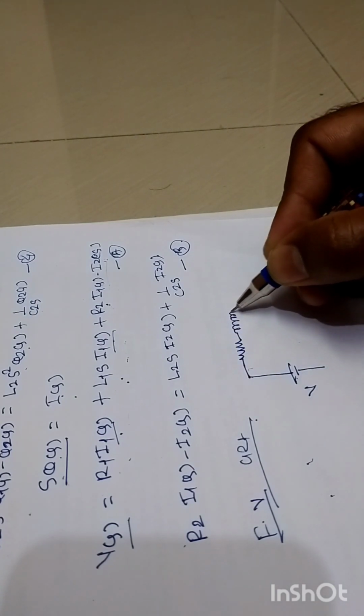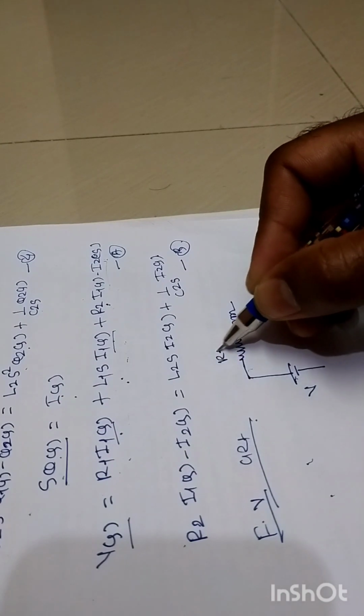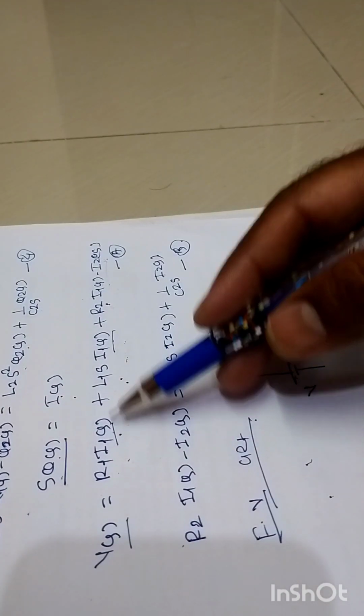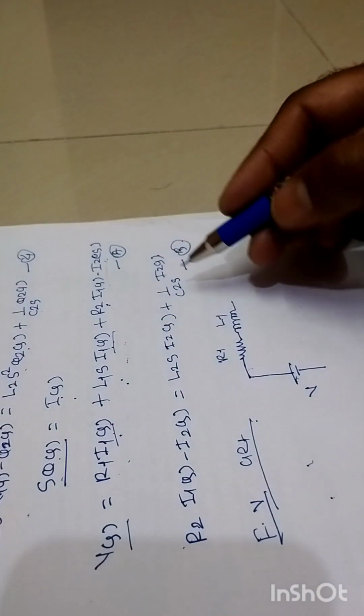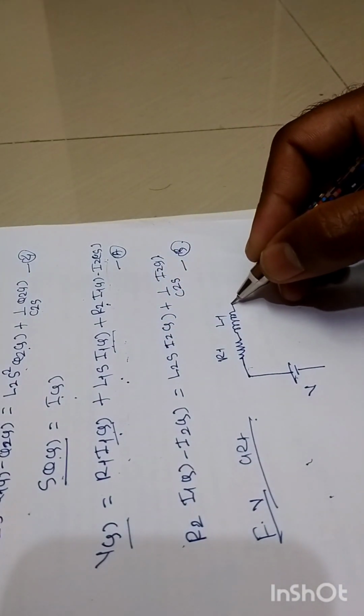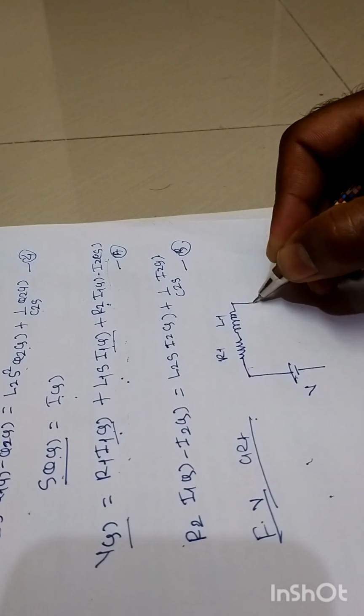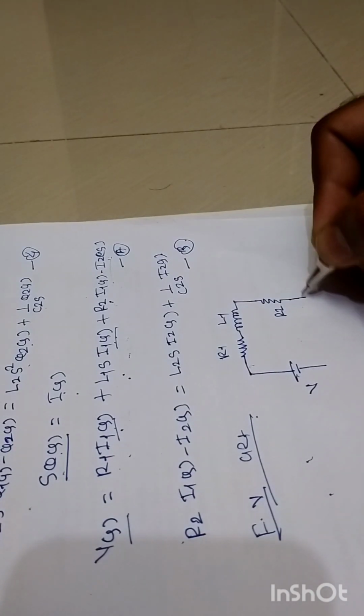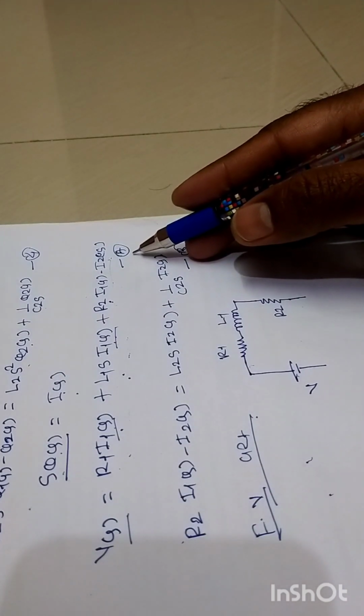And this is L1, right? R1 and L1, because the coefficient of R1 is I1 and the coefficient of L1 is also I1, but the coefficient of R2 is I1 as well as I2. So in this way, this is R2, right? From this equation number capital A.